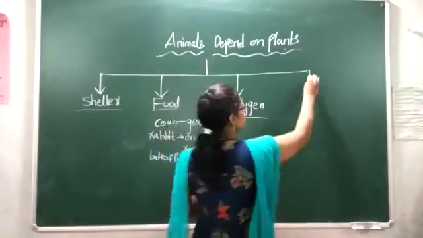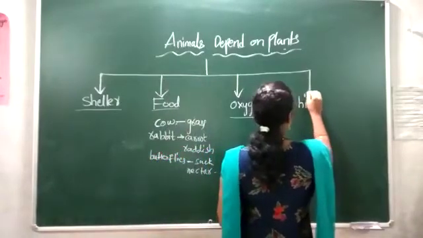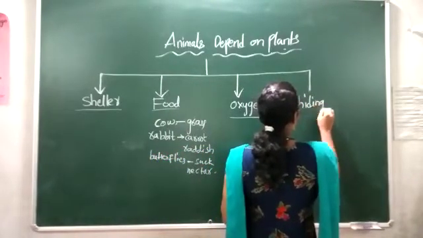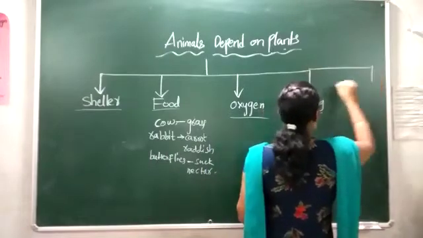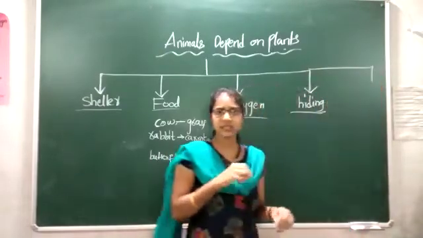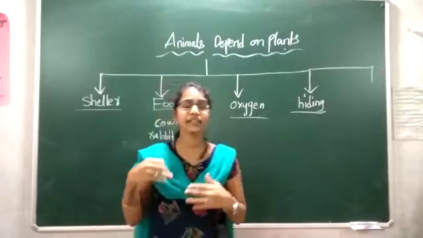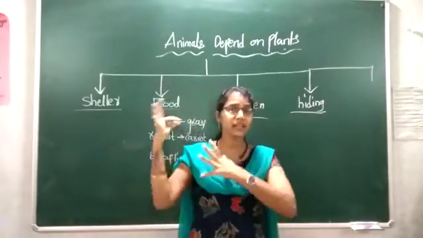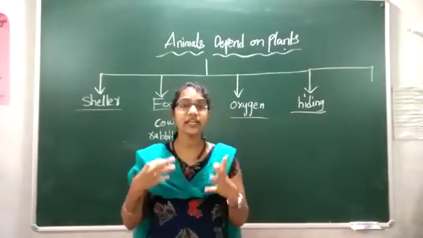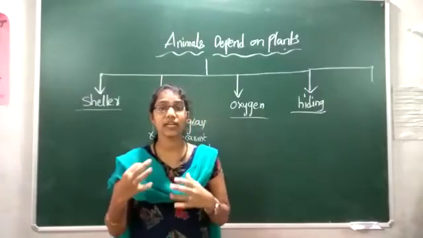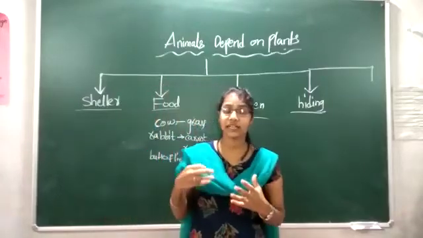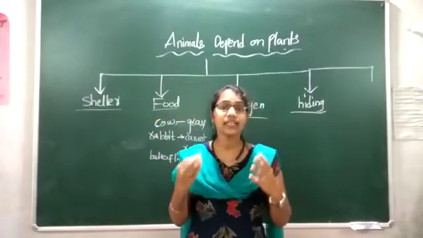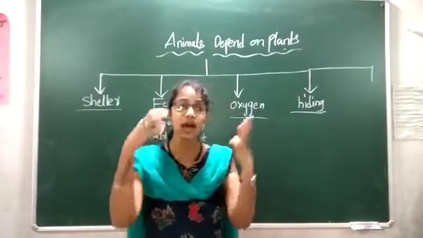And also for hiding. Hiding means hiding behind the trees, hiding behind the bushy trees. You can see in geographical channels and in Animal Planet, a tiger or lion which is going to hunt an animal.